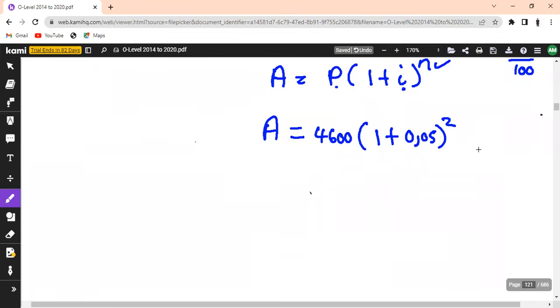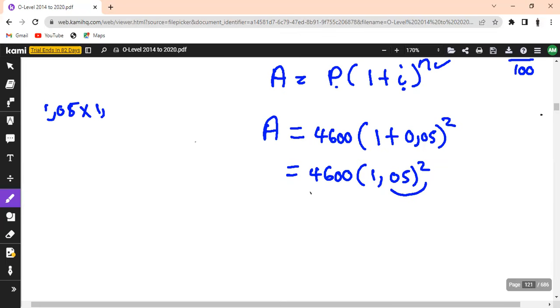All right. So this is going to give us 4,600 into 1.05 to the exponent of 2. So guys, you have to multiply 1.05 by 1.05. You get the answer here. Then you multiply it by 4,600. The answer is 1.1025.